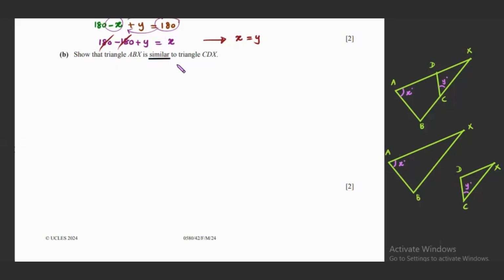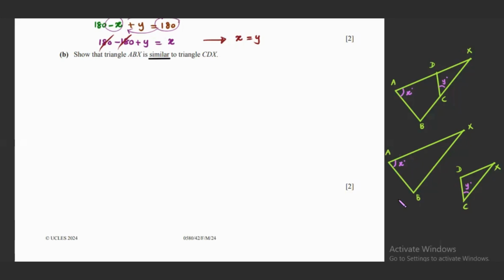In this question, we need to prove that the larger triangle and the smaller triangle that we had in the diagram are similar. So I have drawn this larger triangle here, and I have separately drawn the larger triangle and the smaller triangle as well, so that it's easier for us to understand. Now, in a triangle, we have three angles.